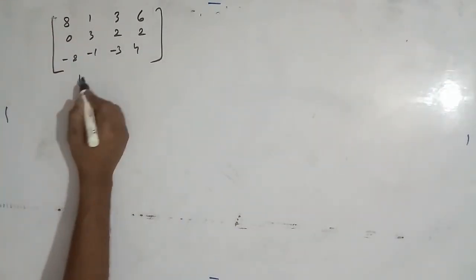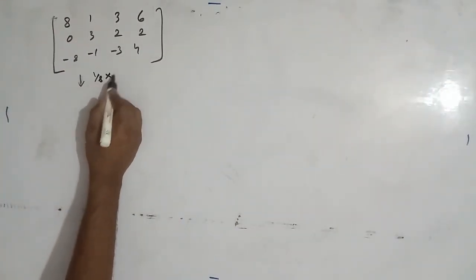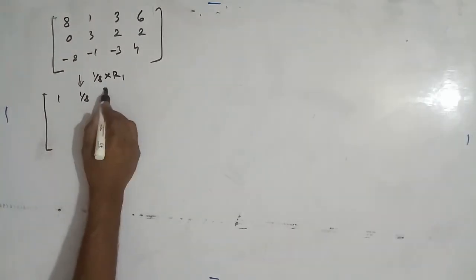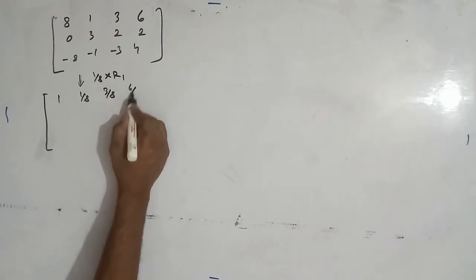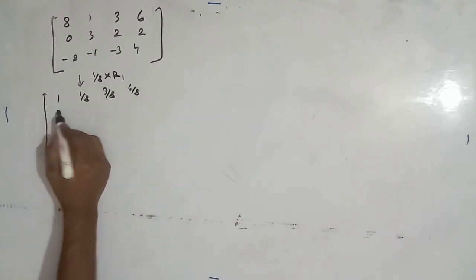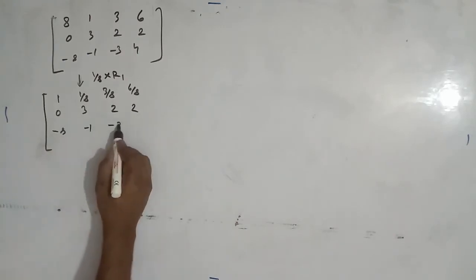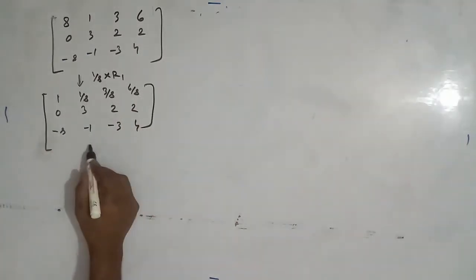So 1 by 8 into R1. This will be 1, 1 by 8, 3 by 8, 6 by 8, 0, 3, 2, 2, minus 8, minus 1, minus 3, 4.